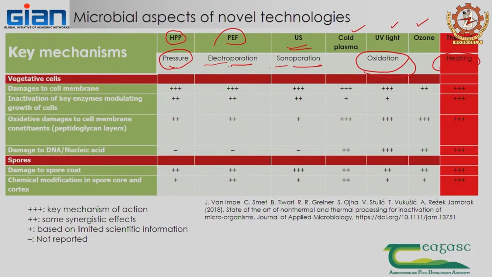Can you name 3 thermal processing techniques? Who will name 3 thermal processing techniques? So, pasteurization. I told you the other day, it's a process. All these techniques will do pasteurization, sterilization.